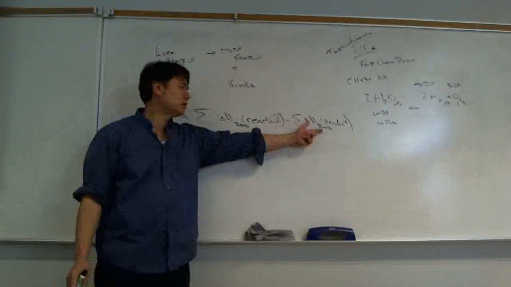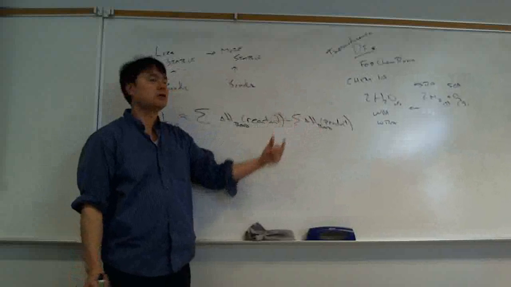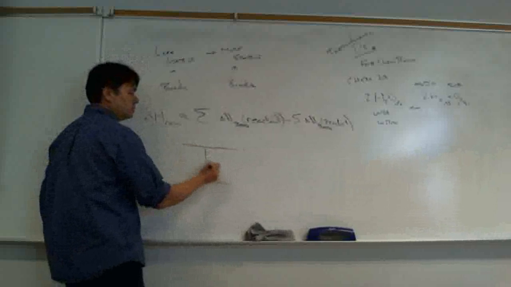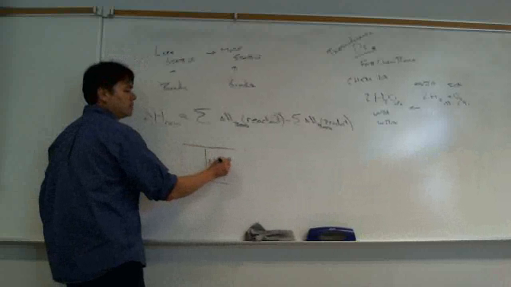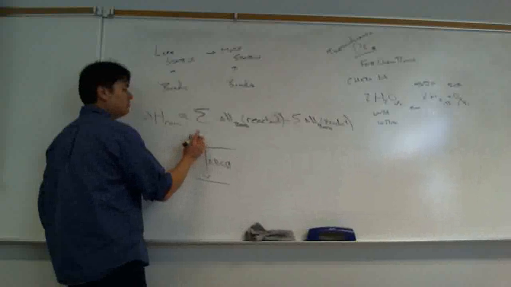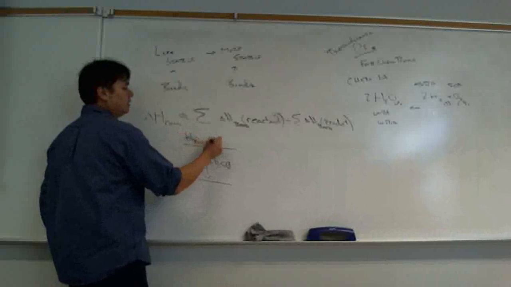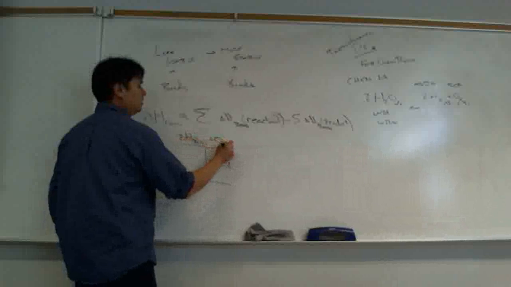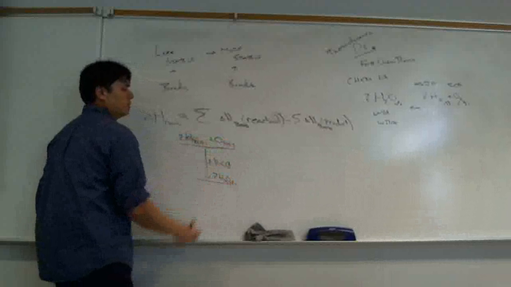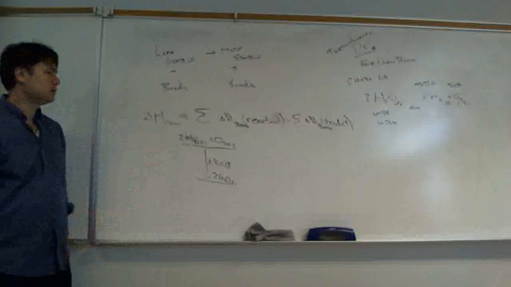The bond energies are greater. If this number is bigger here, it should be exothermic. And so that means we're going from higher energy to lower energy. Delta H is going to be less than 0. And so something like this would be hydrogen and oxygen. Hydrogen gas and oxygen gas going to H2O liquid. So we would have something like this. Delta H would be less than 0.